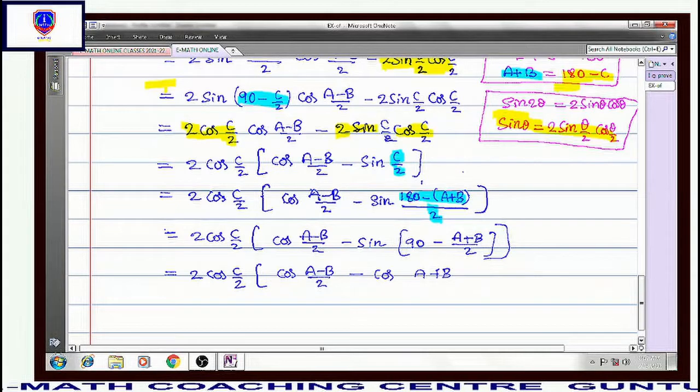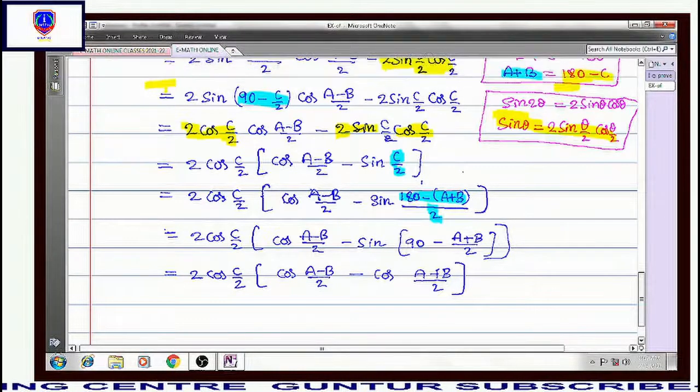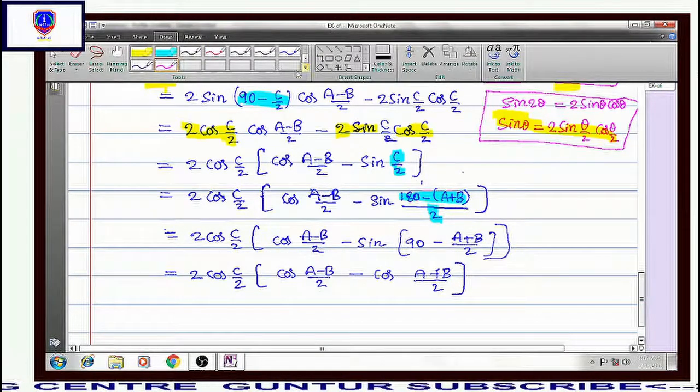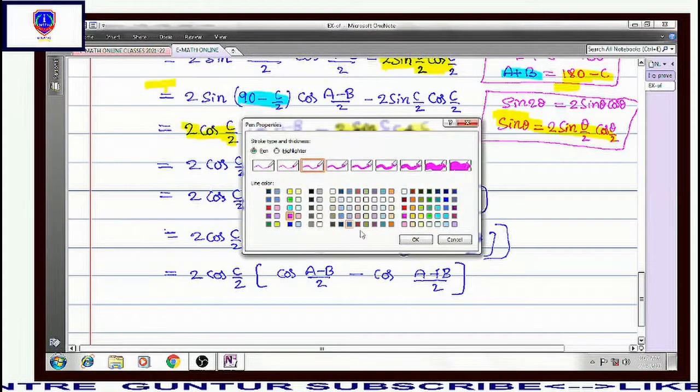Okay, fine. Now, it looks like cos of (A minus B) and cos of (A plus B). I am mentioning that formula here. Let me choose a different color. This green.